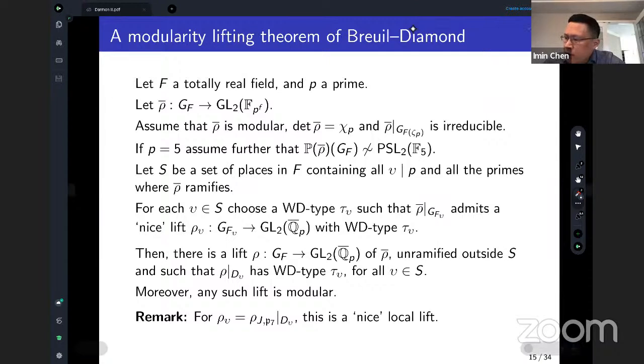So it applies for a totally real field. Let p be a prime. Suppose we have a residual representation, and let's assume the residual representation is modular. It has cyclotomic determinant, and it is absolutely irreducible. In the case p equals 5, there's an additional technical assumption.